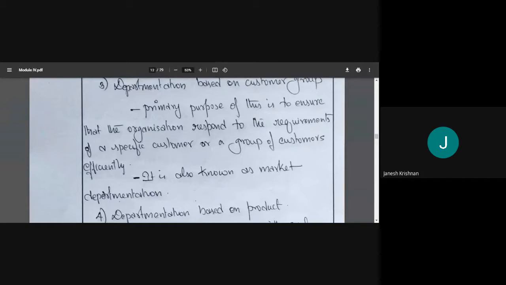Similarly, we have one for agriculture, maybe for industrial purpose, so corporate banking. You might have seen, right? Corporate banking, NRI banking, agriculture loan, agriculture department.